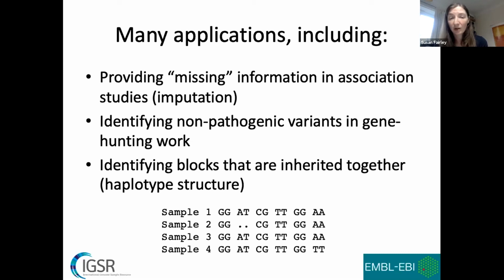Another thing that is hugely important is identifying the non-pathogenic variants when you're doing gene hunting work. If somebody has what's believed to be a genetic condition, and you sequence their genome and compare it back to the reference genome, you're going to find lots and lots of variants.